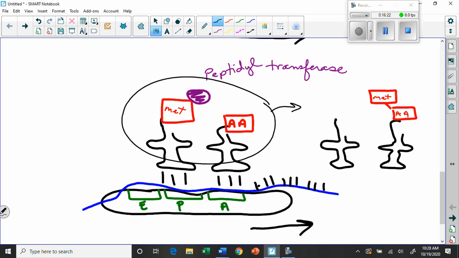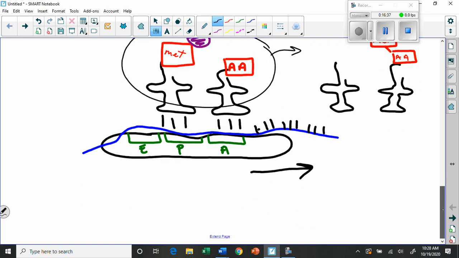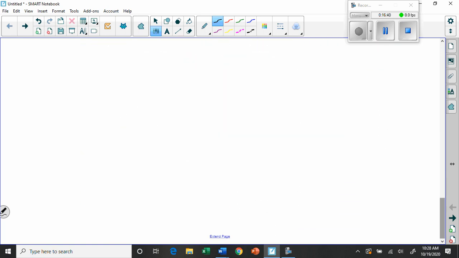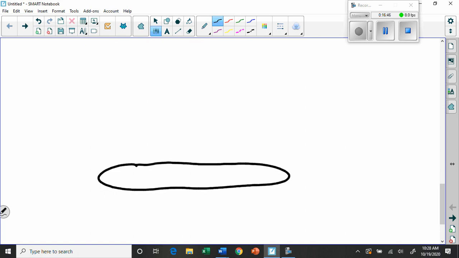These transfer RNAs will continue to come in, and each time they do, the peptidyl transferase will pull the amino acid off of the transfer RNA and attach it onto the other amino acids waiting. So in a much later picture, we've got the exit, the P, and the A.